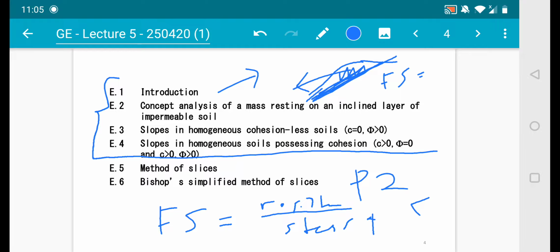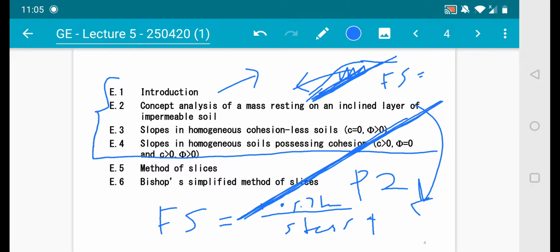For E2, it basically refers to the analysis of a mass resting on an inclined layer of impermeable soil. This is the first approach, where we consider a sliding plane of a straight line. Then we move on to E3, which is on a slope in homogeneous cohesionless soils, where C equals 0 and phi is more than 0.